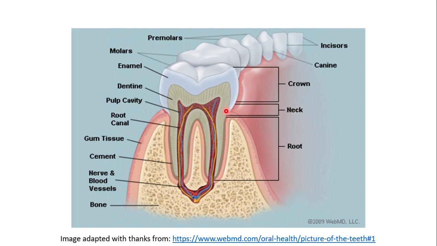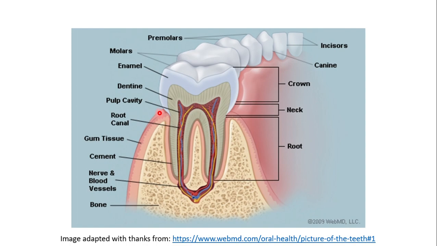These periodontal ligaments are responsible for anchoring the tooth and acting as a shock absorber, because when we chew food, it produces shocks, and the structure responsible for absorbing this shock is called the periodontal ligament.